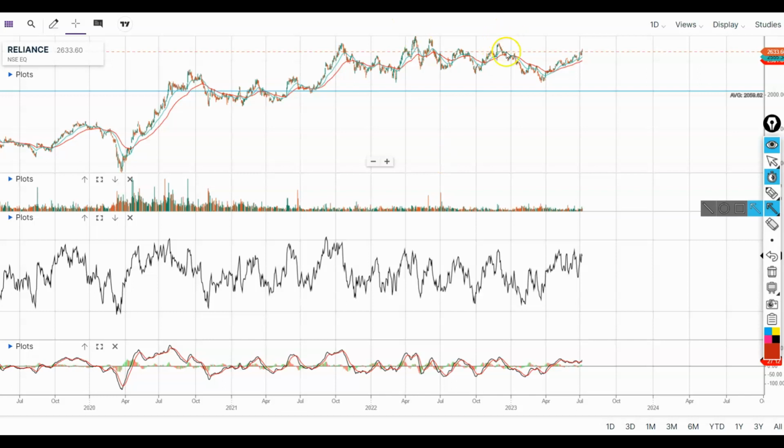Once it is successful in crossing this level, then probably the first level would be 2747, and thereafter it would be 2850, around 2850 it may cross. And if it falls, then probably it may fall down to even 2194. Prior to that, it has got a good buying zone at this place, 2448.